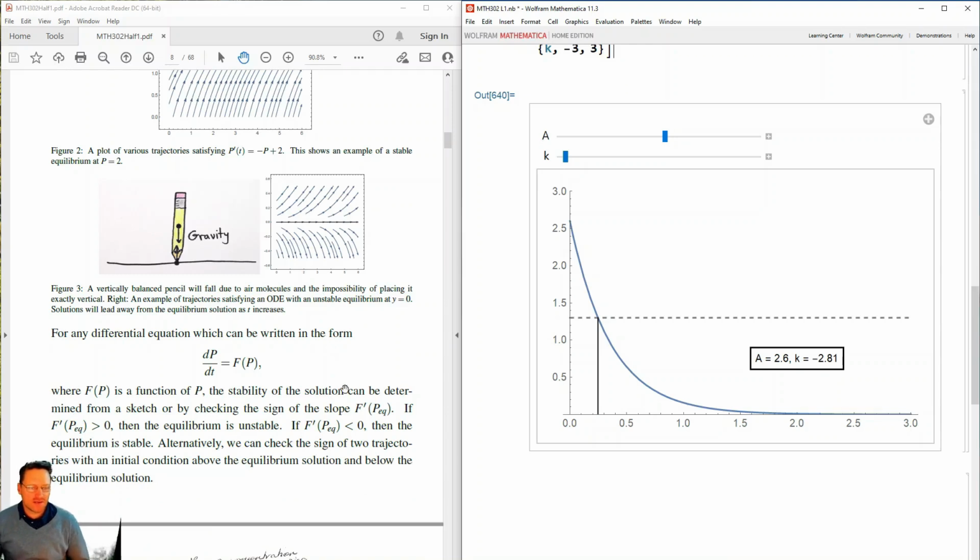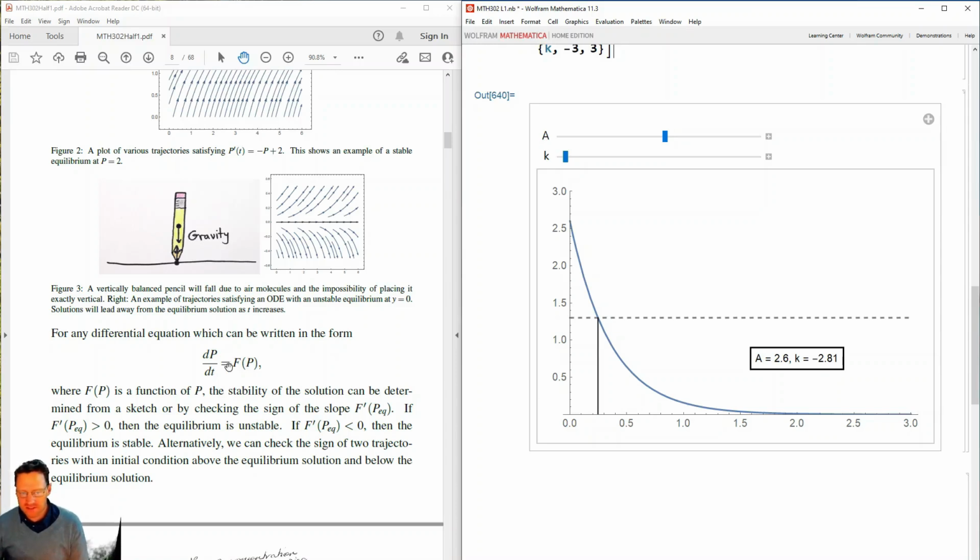Okay, so for any differential equation which can be written in the form dp/dt = f(p), in other words a function of p, the stability of the solution can be determined from a sketch or by checking the sign of the slope.